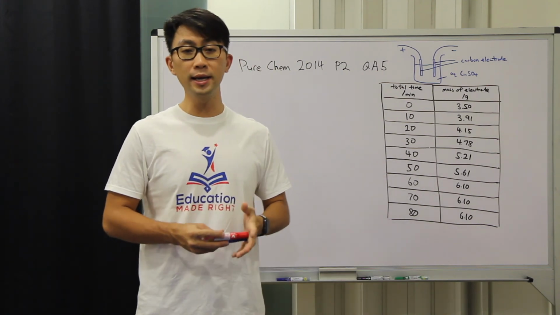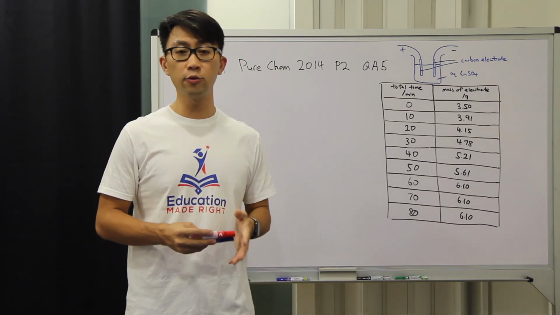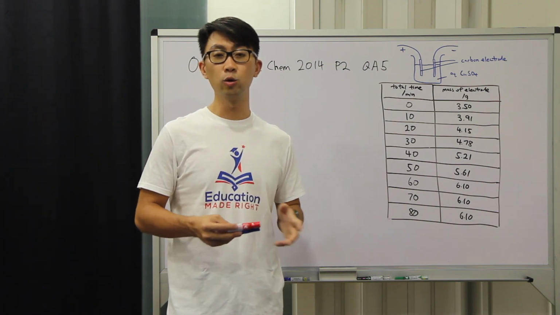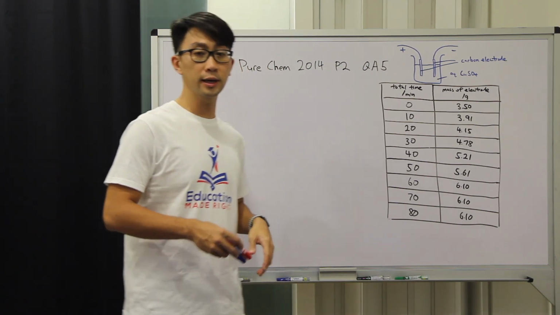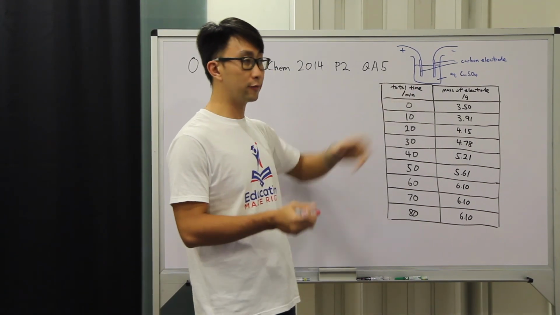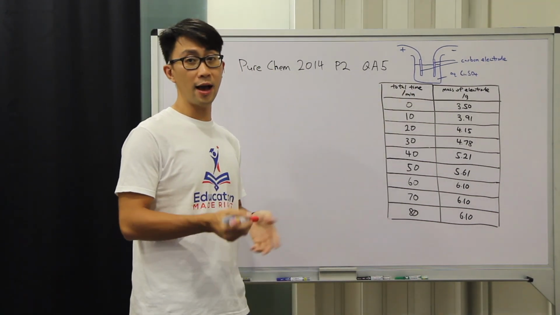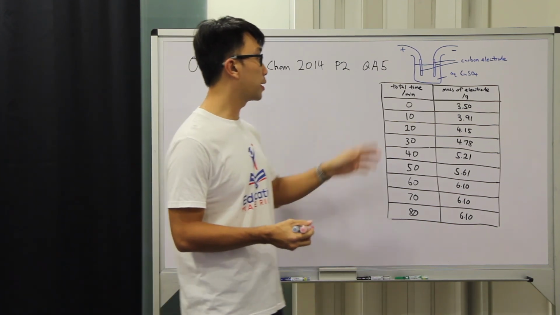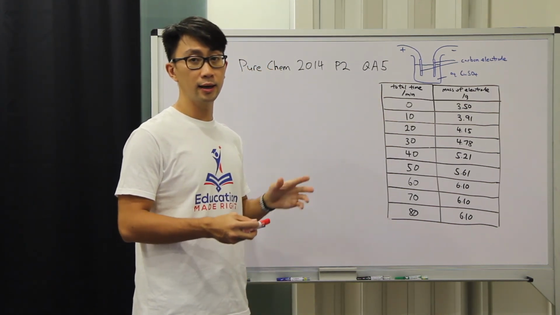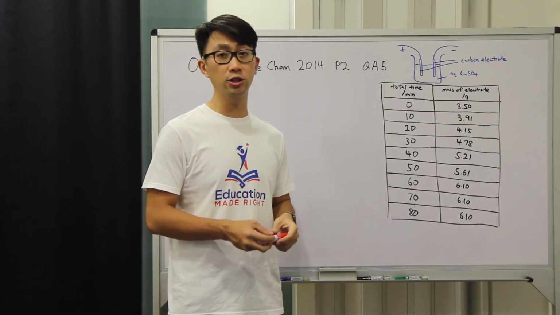For part A, write equations for the reactions that happen at each electrode during the electrolysis. Include state symbols. If we consider the positive electrode, we have to consider the negative ions that approach it. We have both the hydroxide and the sulfate ions, and hydroxide ions will have the higher ease of discharge.